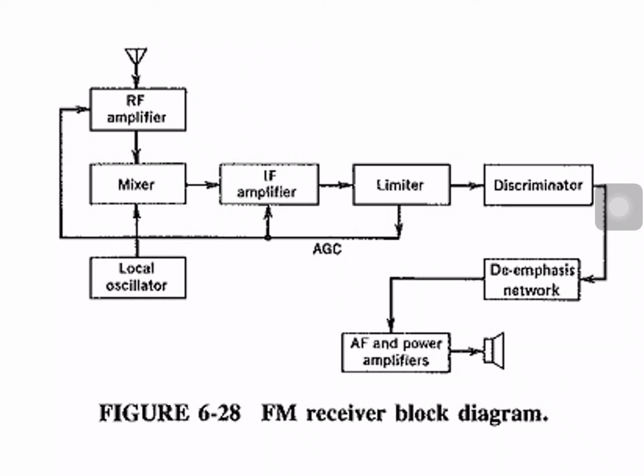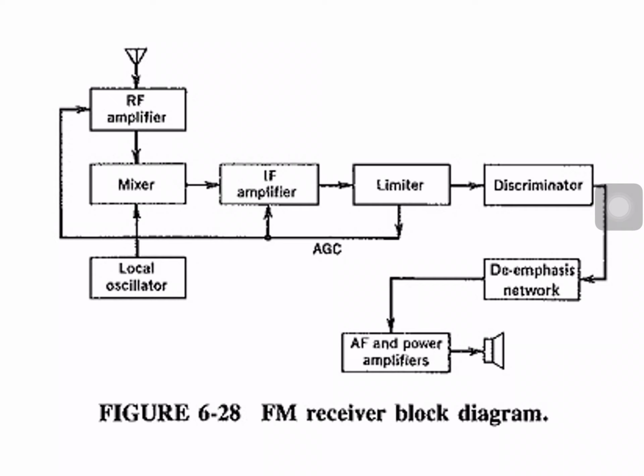Then the discriminator gives the output to the de-emphasis circuit, and then the de-emphasis circuit feeds its output to the AF and power amplifiers. After that the audio signal is given to a speaker, and the speaker gives the amplified output. Let's see the details of this block diagram.